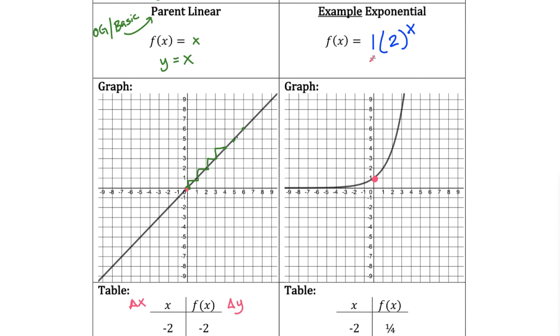This is where we start. And we don't see this nice, constant rate of change, constantly changing by the same thing. That doesn't happen here. It goes up really fast, like a hockey stick. That 2 is our multiplier.